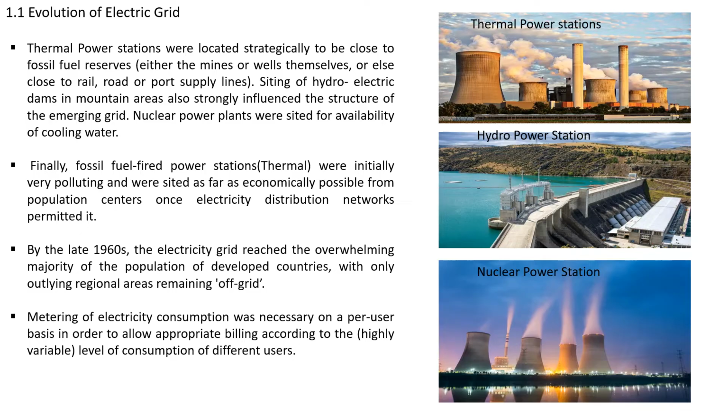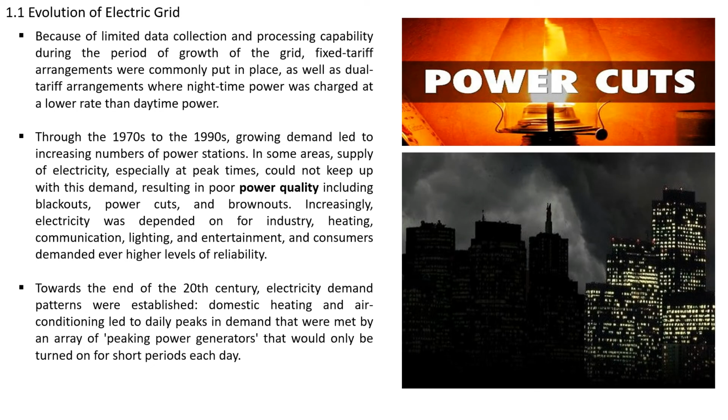Metering of the electricity consumption was necessary on a per user basis in order to allow appropriate billing according to the level of consumption of different users. Because of limited data collection and processing capability during the period of growth of the grid, fixed tariff arrangements were commonly put in place, as well as dual tariff arrangements where nighttime power was charged at a lower rate than daytime power.